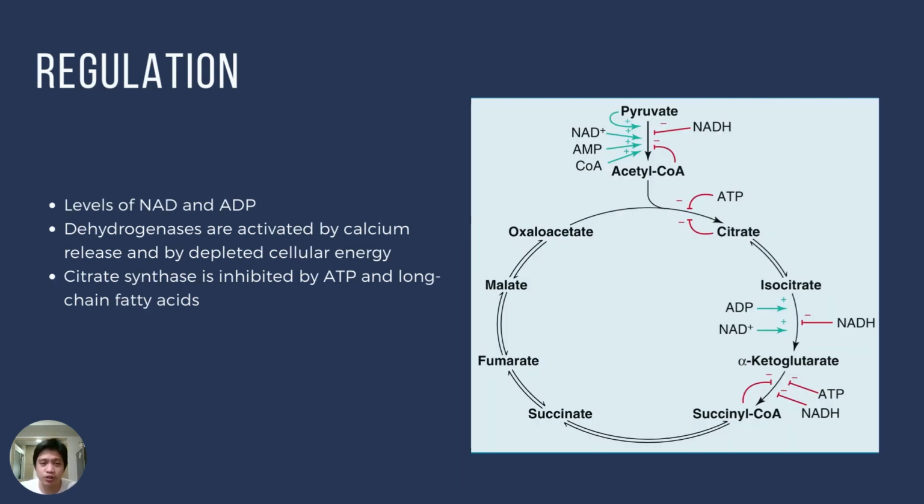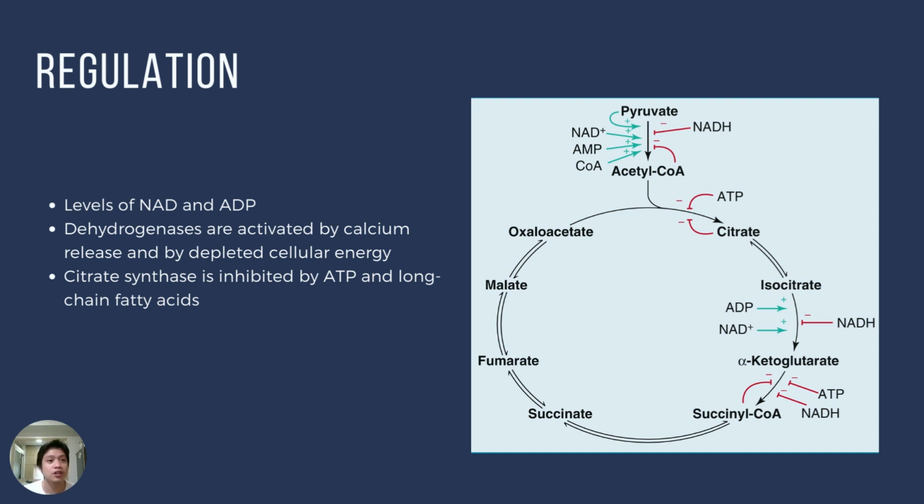Next, as you have observed, there are a lot of reducing equivalents formed from the Krebs cycle. And these reducing equivalents, if oxidized in the electron transport chain, can liberate a lot of ATP. And therefore, the Krebs cycle has a central role in energy production. Therefore, it is important for the body and the mitochondrion to be able to regulate the Krebs cycle in response to decreasing levels of cellular energy.